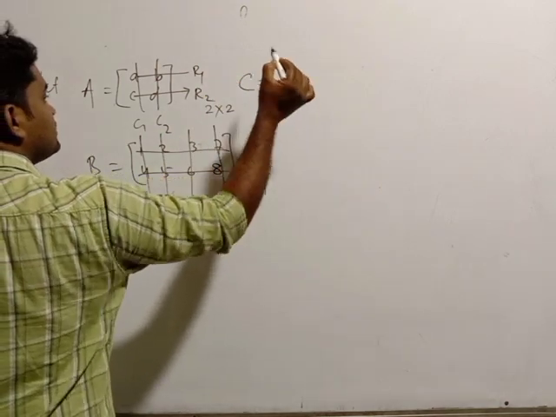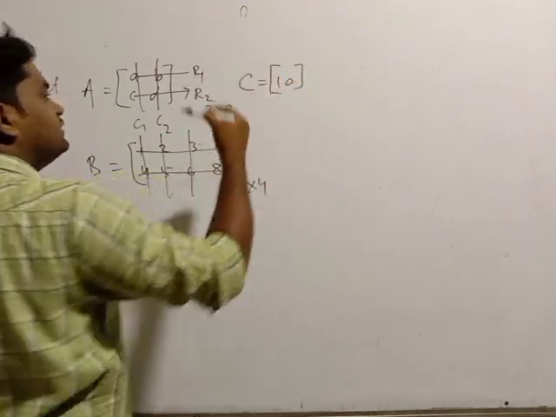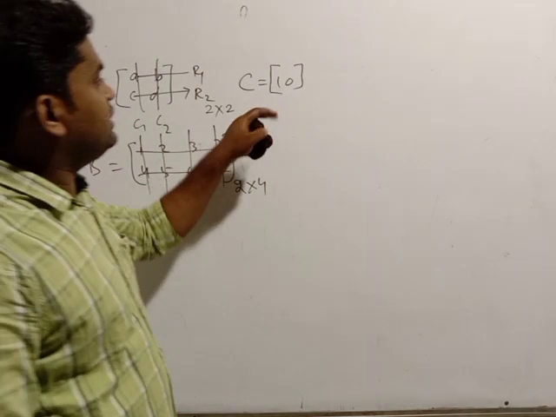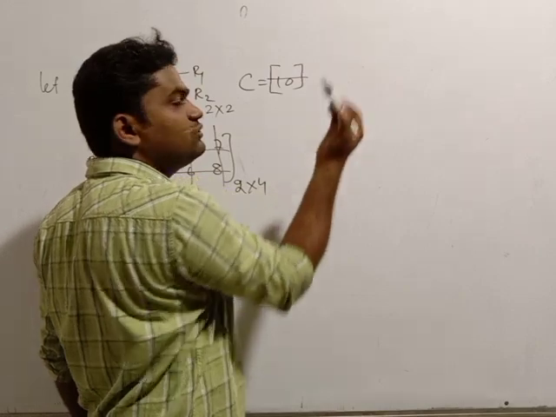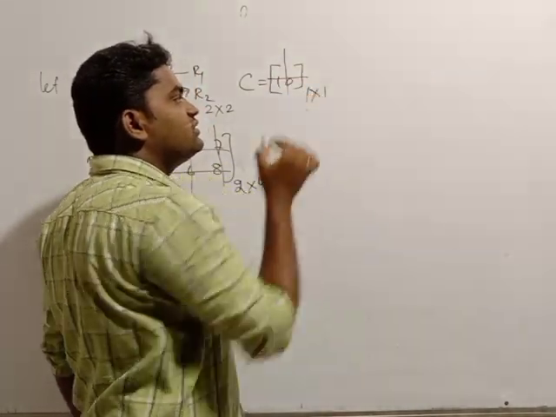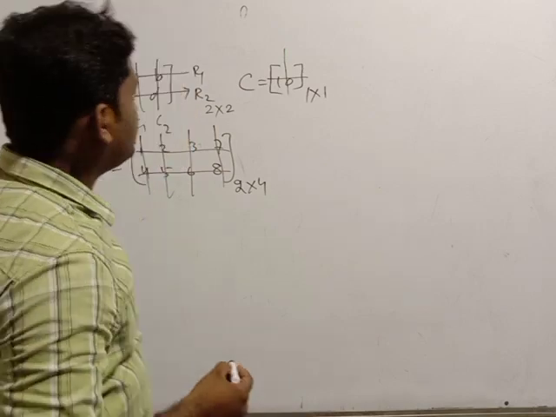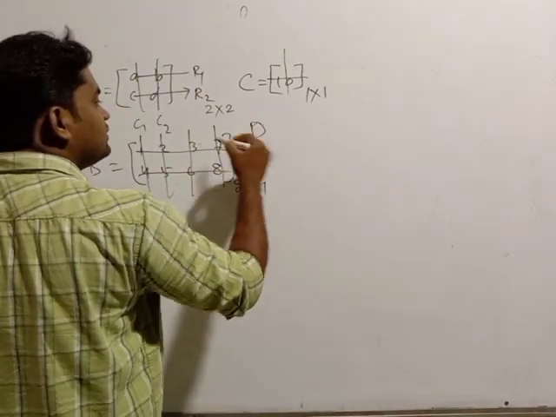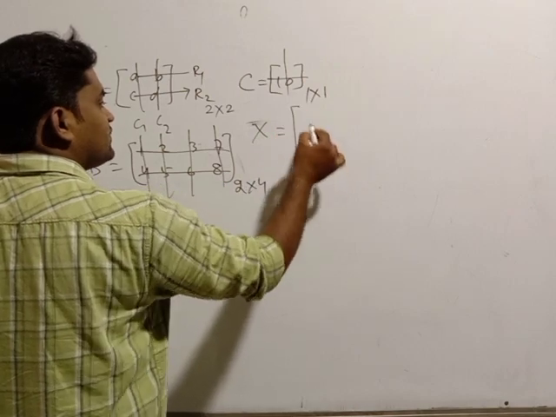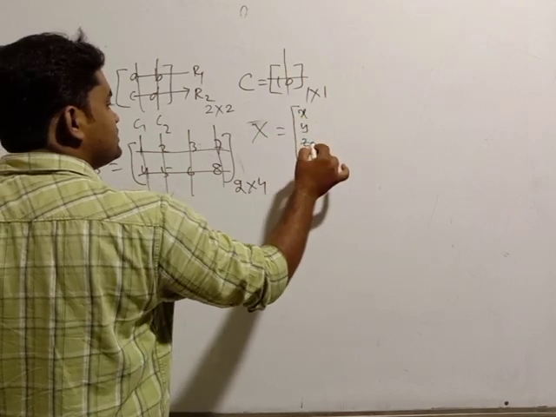You write here 10. So here in C there is a single row and a single column. So its order is 1 by 1, and another matrix X equal to X, Y, Z, E.